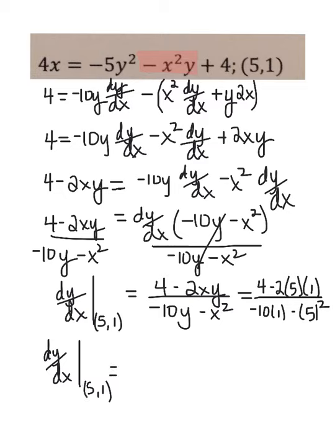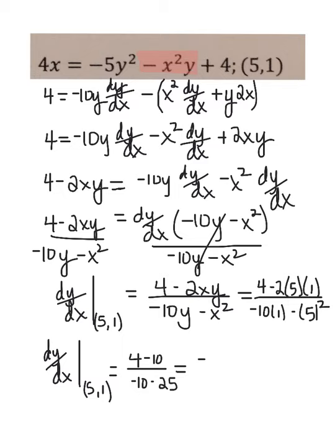All right, so in this numerator over here, I have 2 times 5 times 1, which is 10. So that is 4 minus 10. And then in the denominator, I've got negative 10 here and 25 there. So that is going to give me negative 10 and minus 25 there. Okay, so what do we have in the numerator?